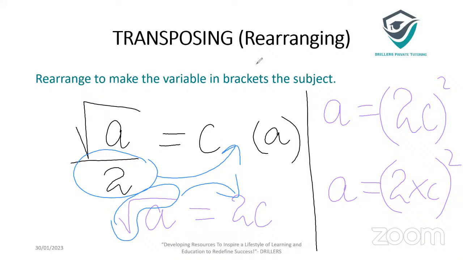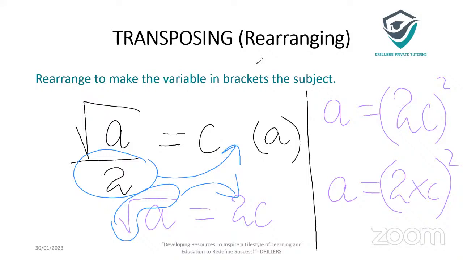So when you're transposing or rearranging your formula, once you have isolated that variable, whatever variable they ask you to find, it could be A, P, Q, R, S, whatever, once you have it by itself, isolated, and everything else is on the other side of the equation sign, then you have completed the question.